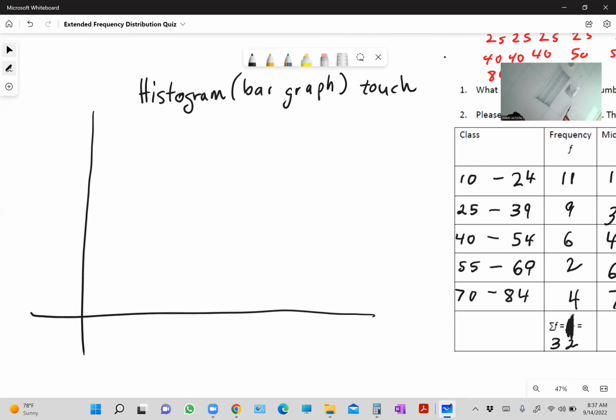So if I did my first class, I would have a 10 here and then a 24. And then it says 11. So let's just say this is 10. 11 would be here. But then when I do the next one, 25 would skip 1. And then you have up to 39.